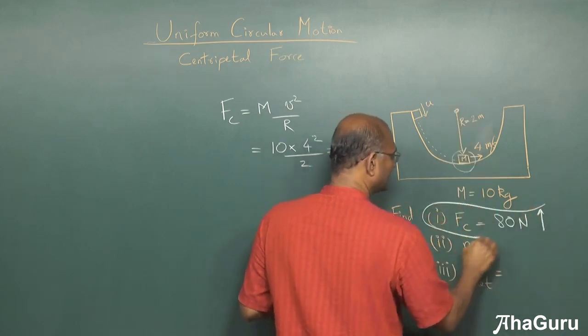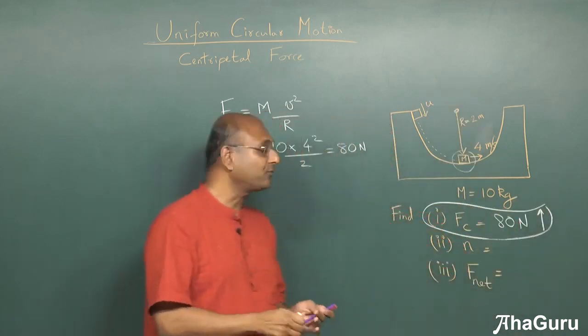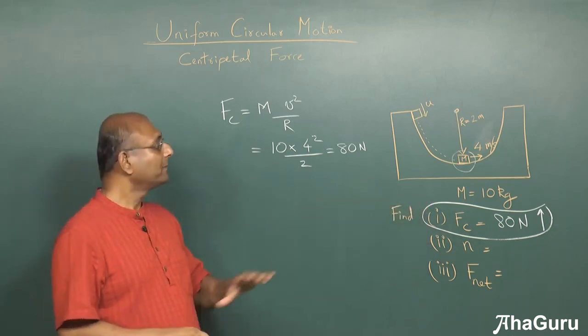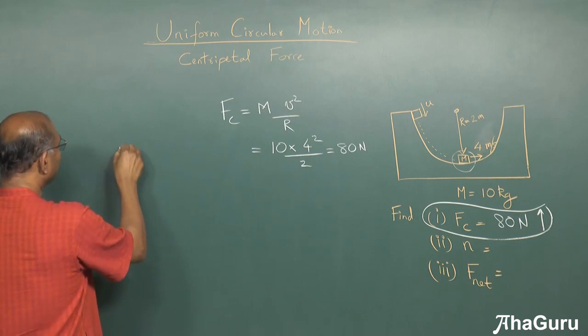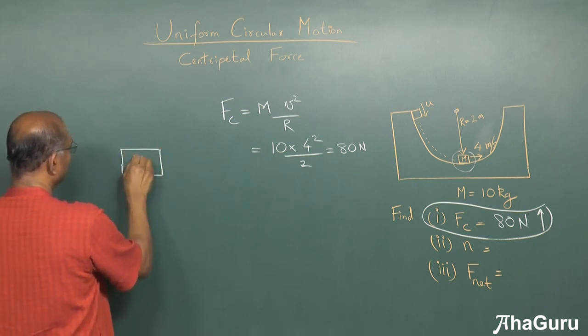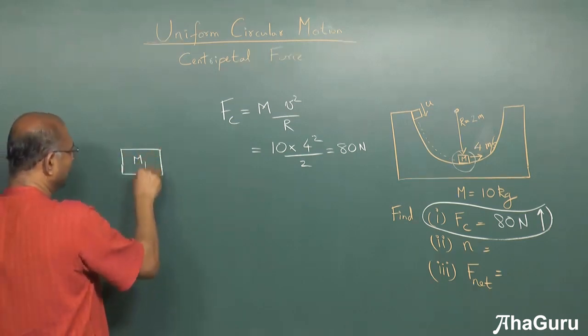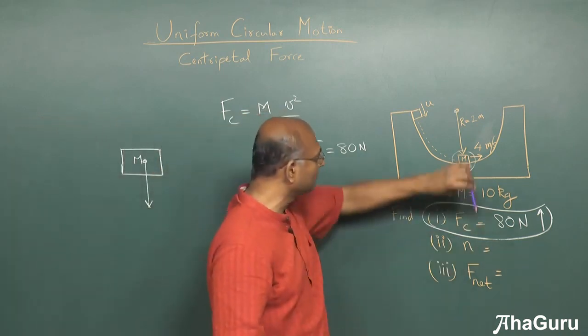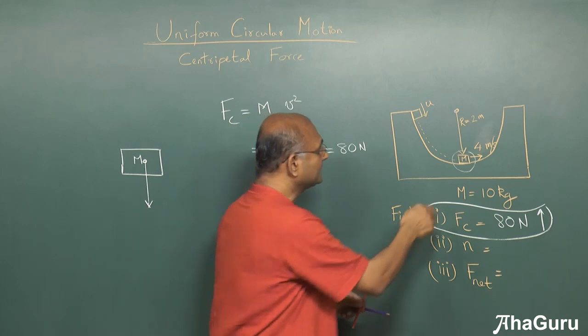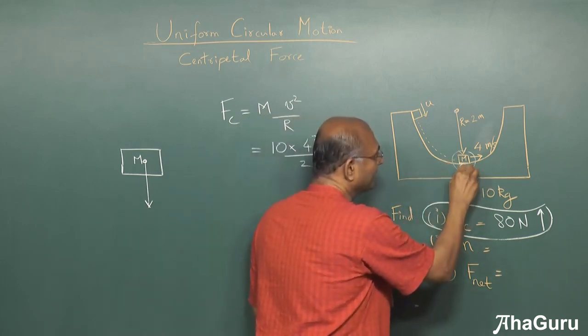Now, don't start assuming therefore that there is such a force. Because let us think about this block M. It has two forces acting on it. One force is the gravitational force pulling this fellow down. Then this floor is going to exert a normal force.